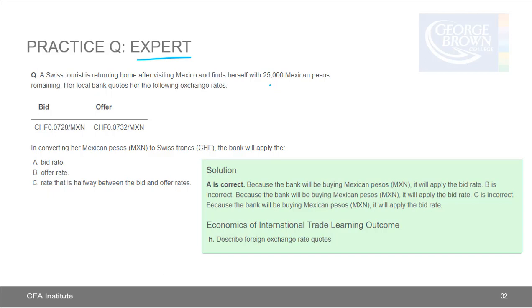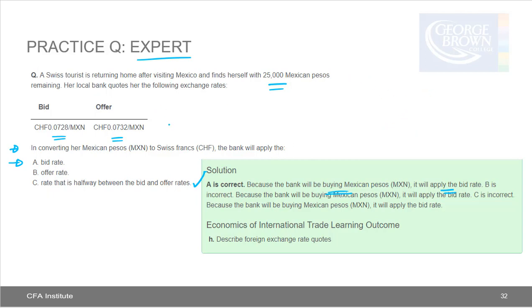And she has 25,000 Mexican pesos. And so she wants to sell the pesos to buy Swiss francs. So in converting her Mexican pesos to Swiss francs, the bank is, of course, going to apply the bid rate. The correct answer is A. The bank will be buying the Mexican pesos, so it'll apply the bid rate, buy low, sell high. Okay? So again, I don't think that question is too difficult.